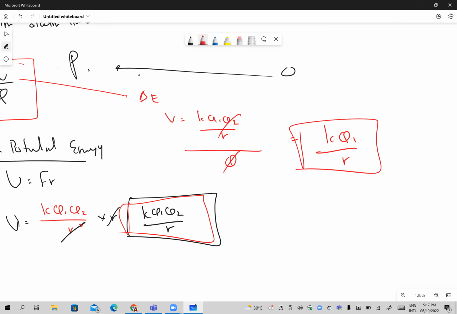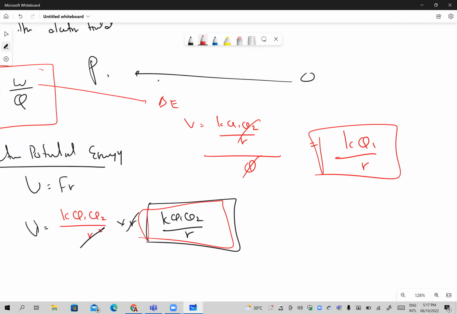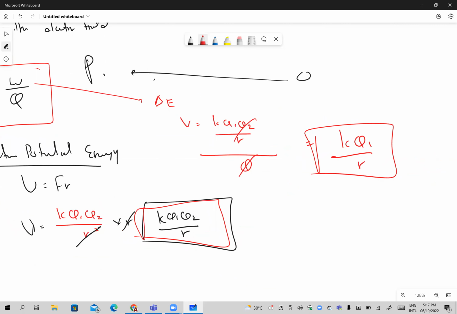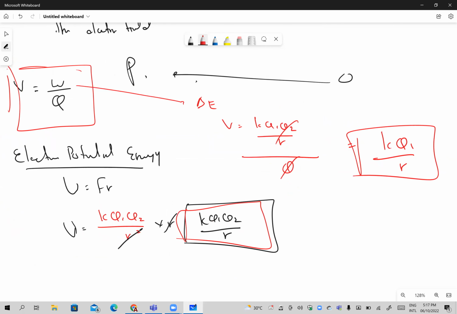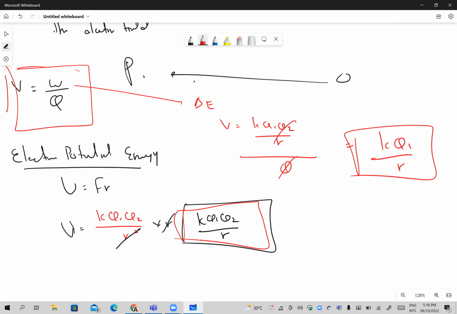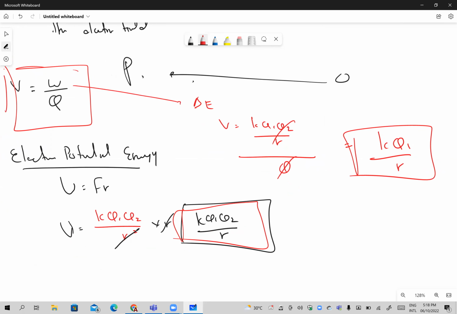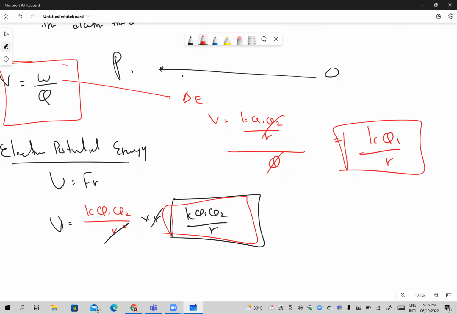Why did we do it at the end? Because we had to first derive a formula for electric potential energy, and then potential energy per positive charge is electric potential. So this is how we were able to use that formula. We need to be very careful with these formulas.